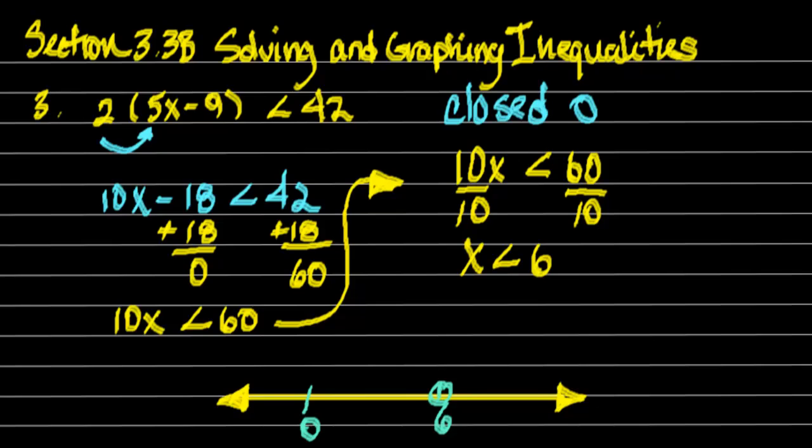And then if I look at my arrow, it's pointing to the left. So that's how I want to do my shading, is going to the left. So there's the answer to number 3. So go ahead and pause the video and take a minute or so, and then we'll go on to number 4.